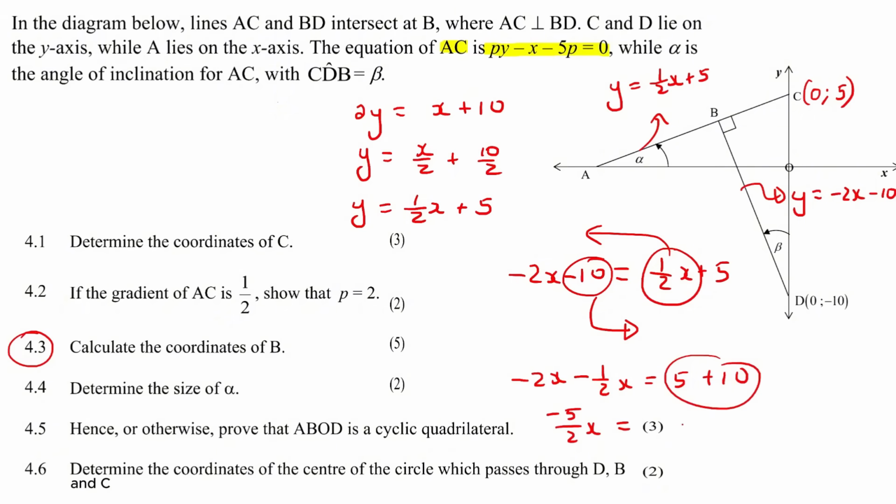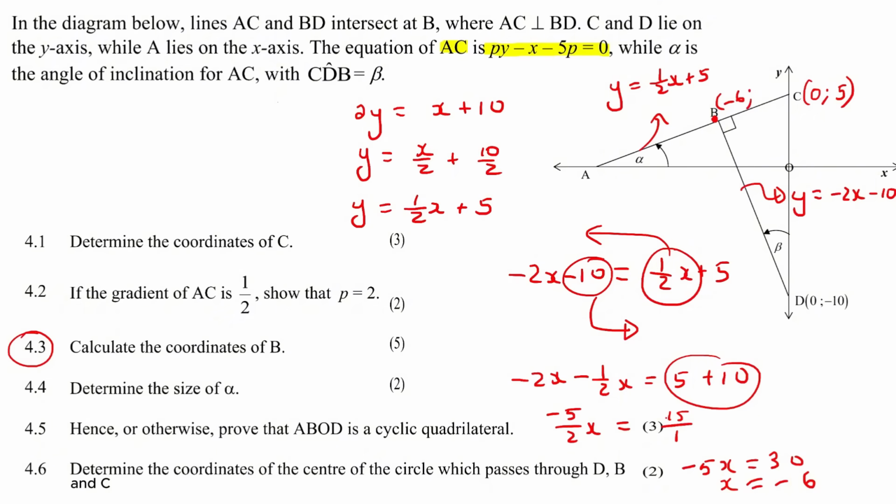So then you can think of it as 15 over 1. And then you can do cross multiplication. So you're eventually going to end up with that. And then you can divide both sides by -5, and you're going to end up with x equals -6. So this x value here must be -6 where they are intersecting.